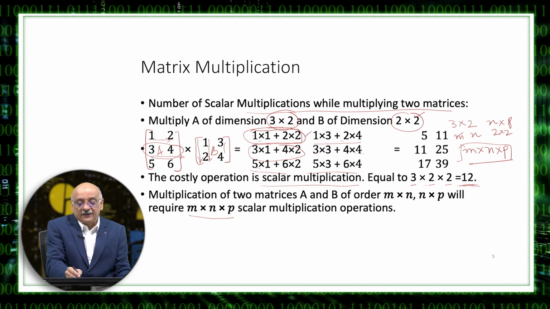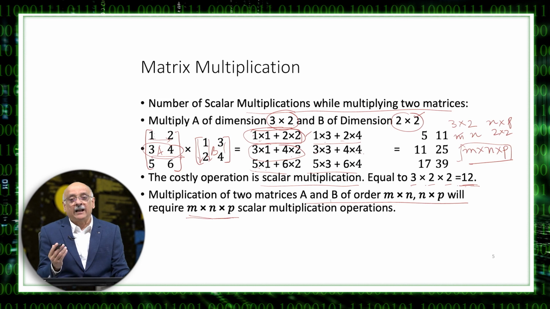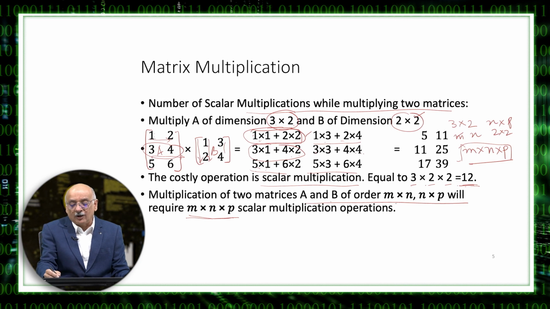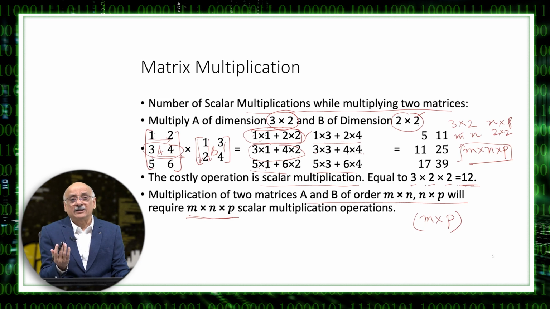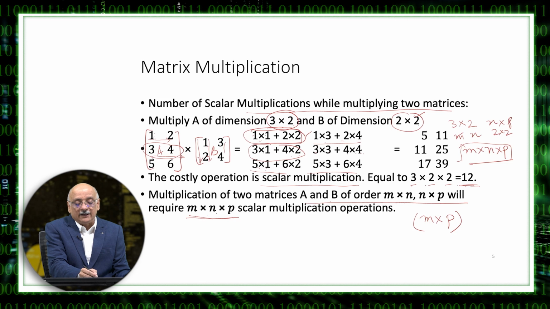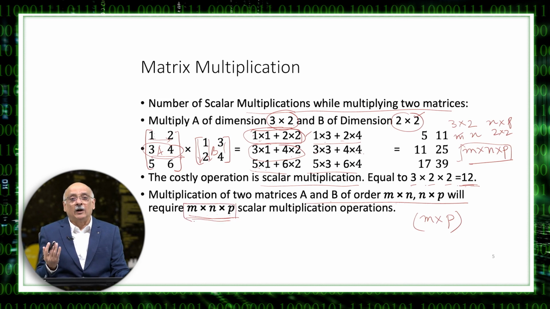So this particular statement is very, very important. If I am multiplying two matrices A and B of order M cross N and N cross P, then the size of my result is going to be M cross P, and the number of multiplications, which is the costly operation, will be M into N into P. These many scalar multiplications will be required.